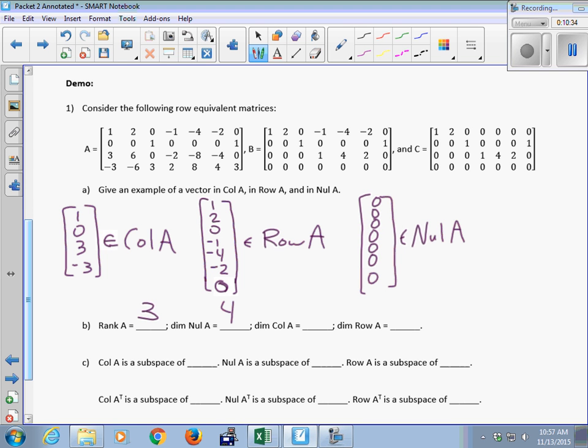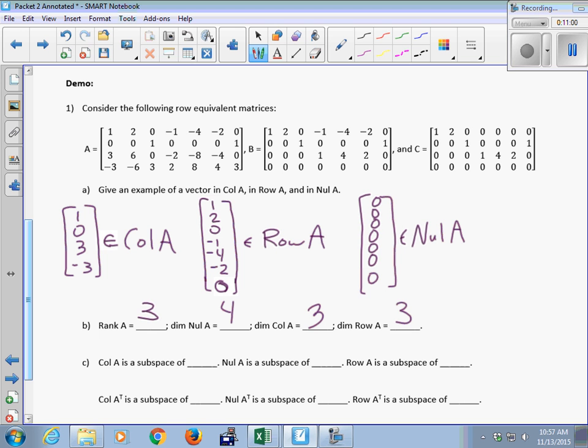What's the dimension of the column space? 3. The dimension of the column space is the definition of rank. Yep. And what's the dimension of the row space? It's 3. It's also an alternate definition of rank.